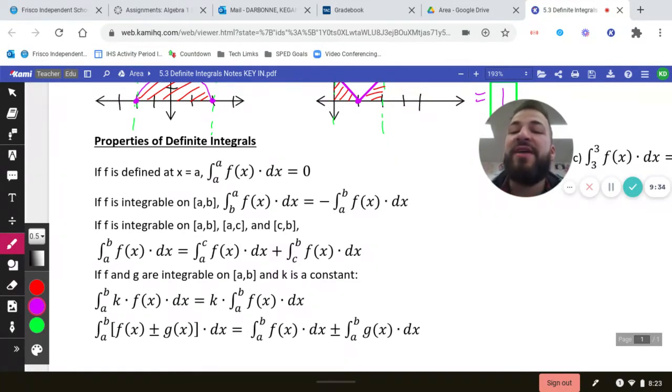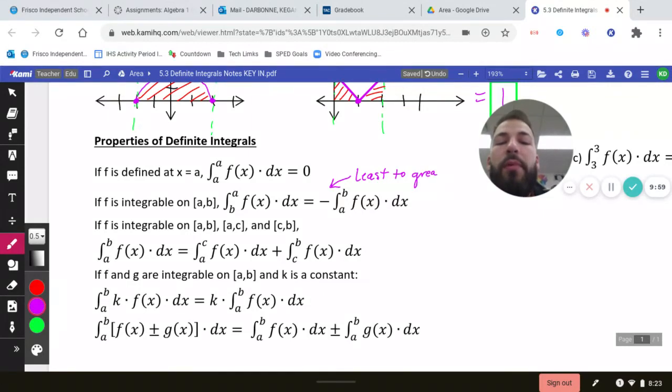Okay? If f is integrable on the closed interval a to b, that just means I can take the integral, just like differentiable. Then the integral from b to a of f of x dx is equal to negative the integral from a to b of f of x dx. So what this means is that our integral always has to go from least to greatest.